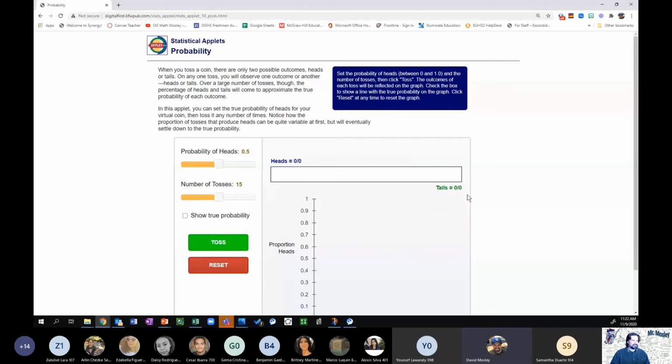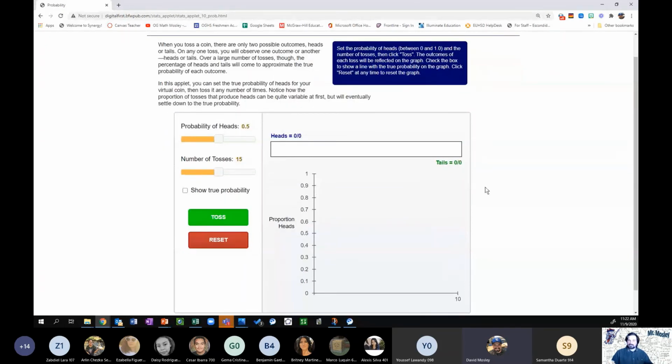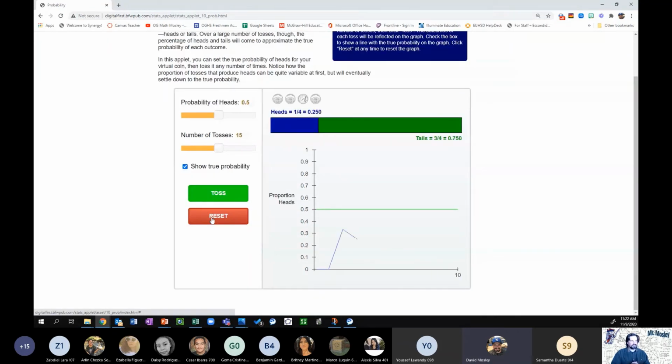What this does is simulate flipping a fair coin, fair meaning 50-50 chance. We can change the fairness of the coin if we wanted in this applet. If we simulate 15 tosses of the coin and keep track of the number of heads and number of tails, I'm going to have this line here that shows the true probability. We run the simulation here.